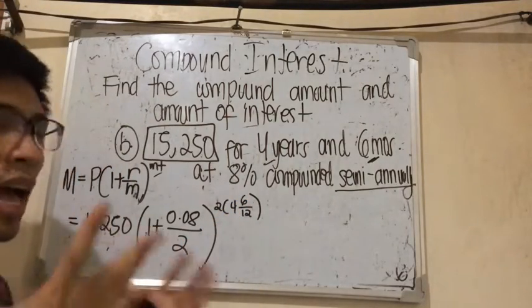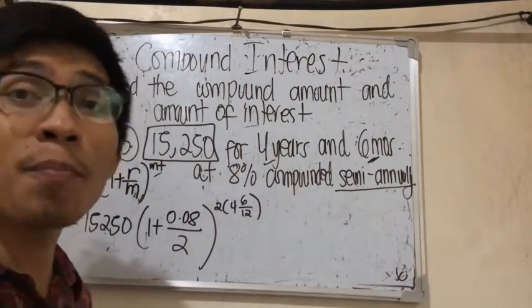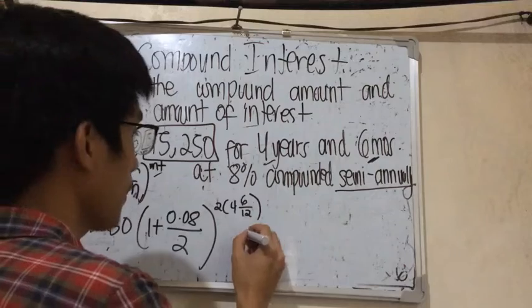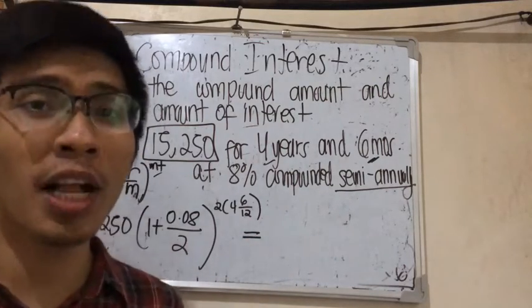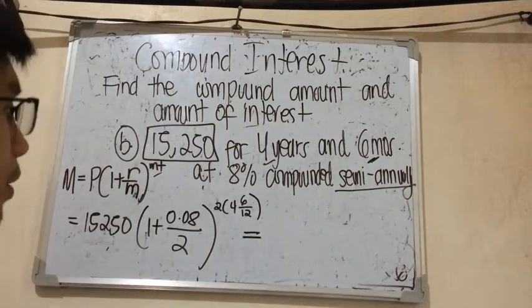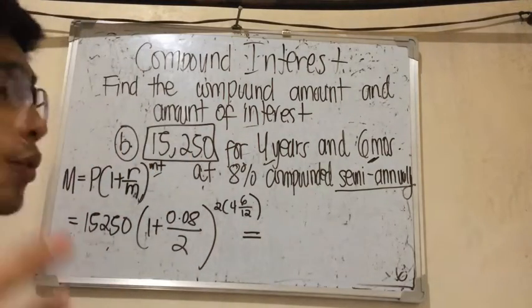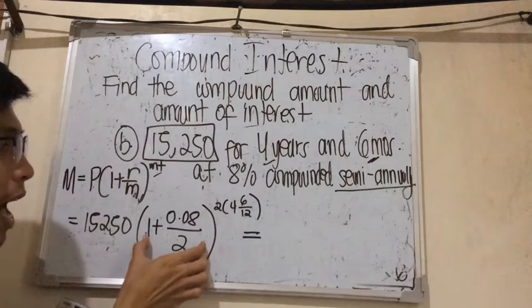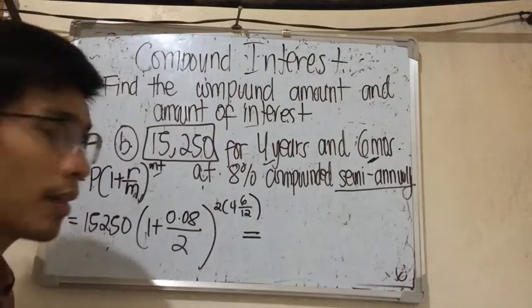Now, after you substitute in the formula, what you are going to do is simplify the problem. For you to simplify it even more, you use your calculator. The first thing that you have to do in order to solve this problem is you solve whatever is inside this function.